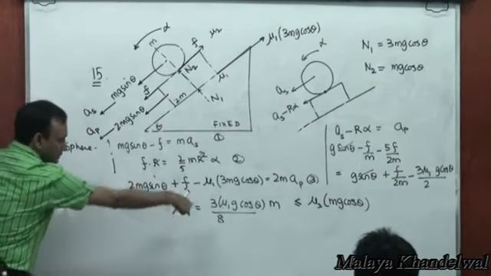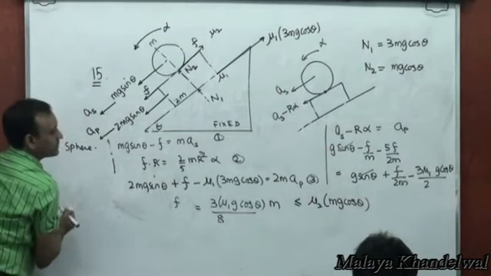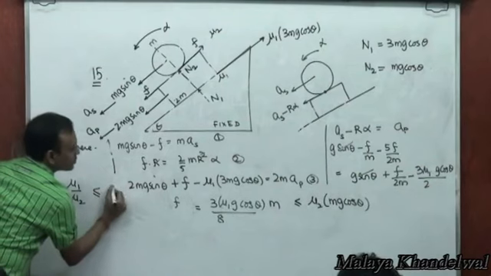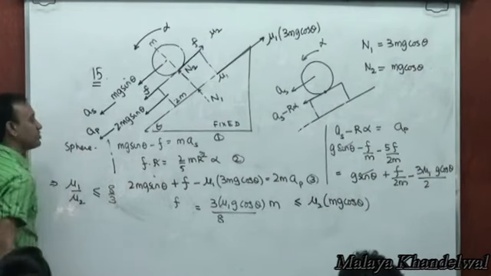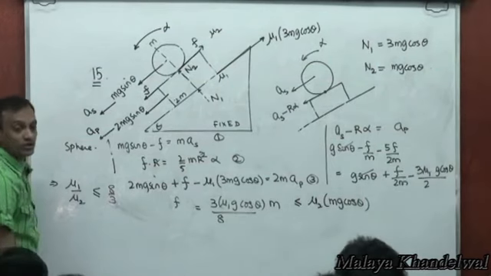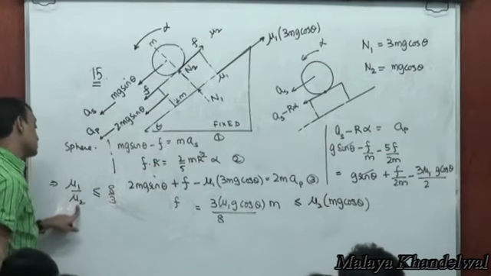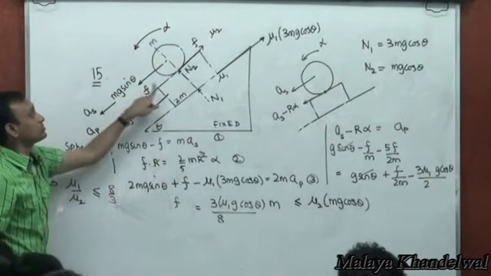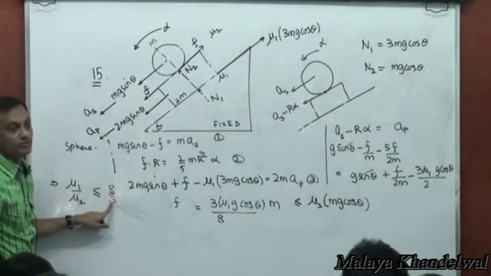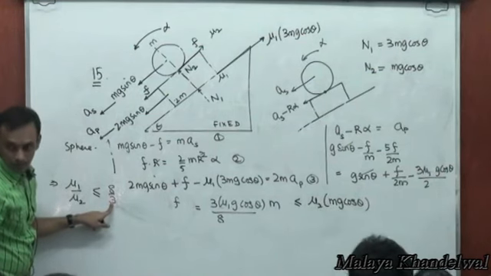So then this equation very clearly gives me mu1 by mu2 less than or equal to 8 by 3. mg cos theta gets cancelled. So the maximum permissible value so that the sphere could roll on the plank is 8 by 3. Maximum value of mu1 by mu2 must be 8 by 3.